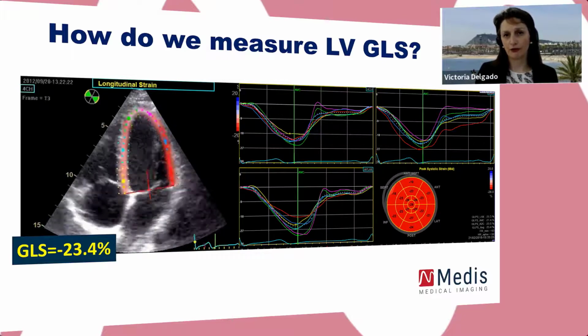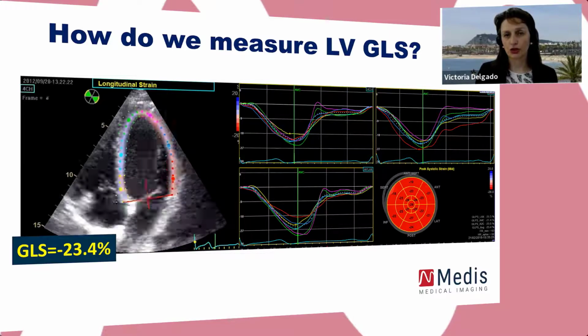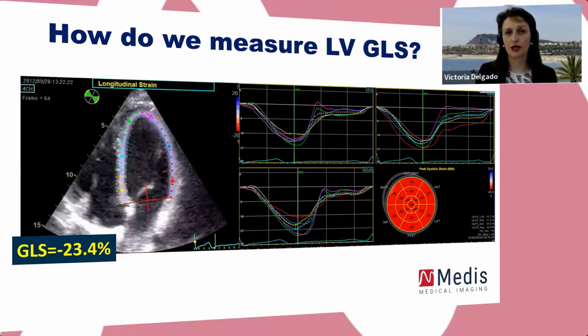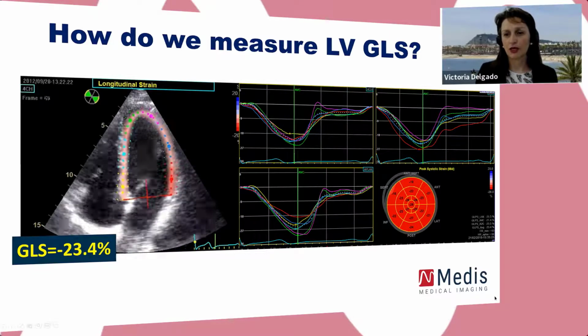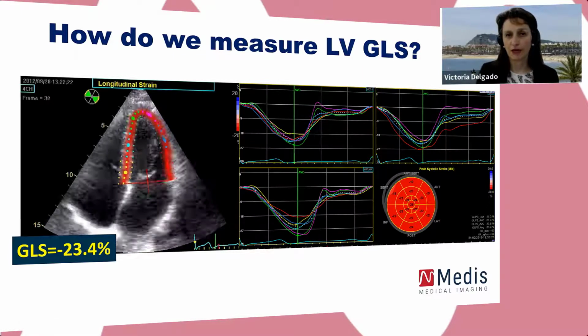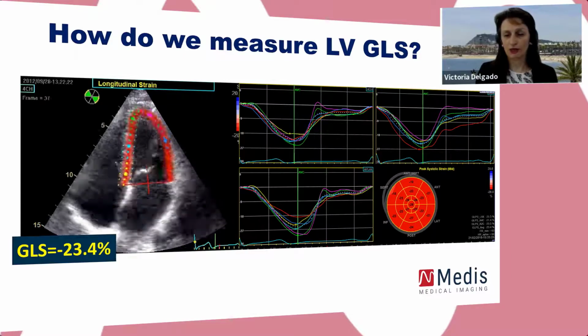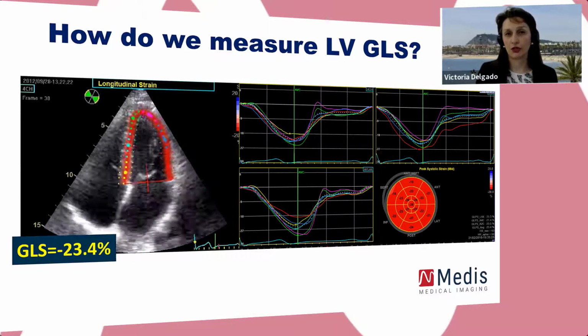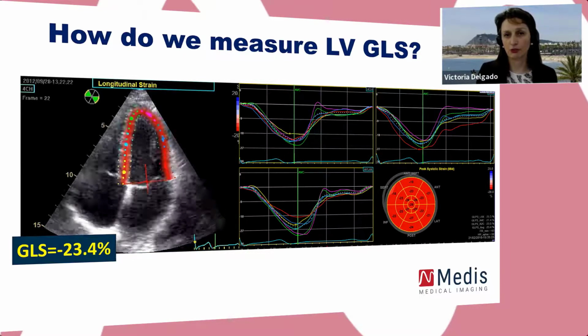Therefore, we have the shortening of the myocardium in all the segments, and we can get a bullseye plot, as you can see here, that tells us the longitudinal strain of each segment. The average of those values leads to the global longitudinal strain. And based on the value of global longitudinal strain, we can indicate whether the function of the myocardium is normal or not.